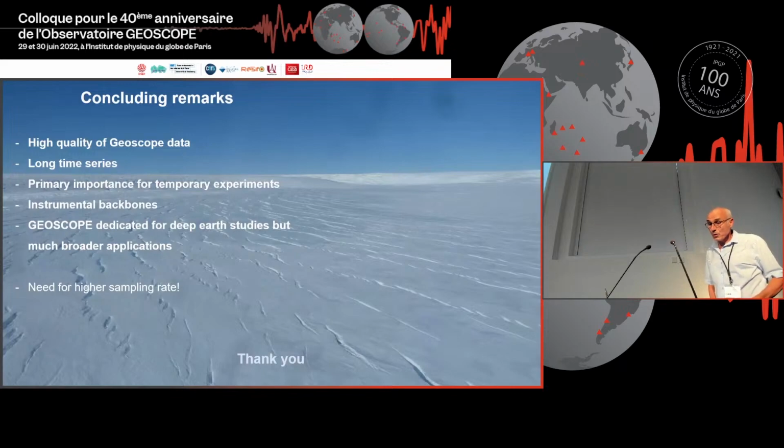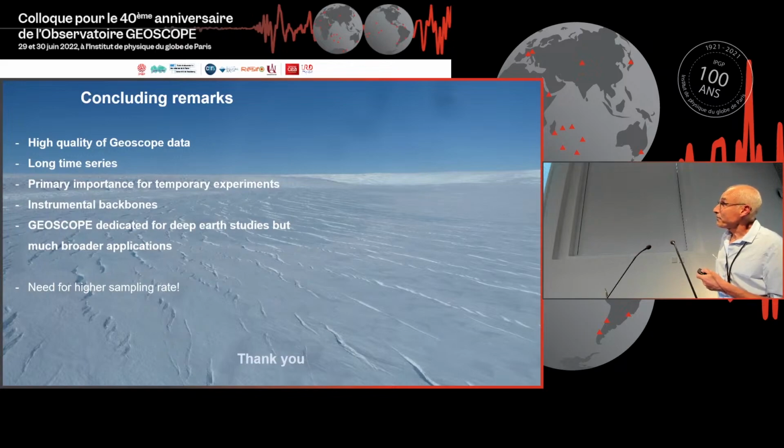So, some concluding remarks. Thanks to the energy that has been put into managing this network, we have a very high quality of data from Geoscope. Obviously, long time series are of primary importance for temporary experiments, and they clearly provide an instrumental backbone in the scientific exploration of the data.